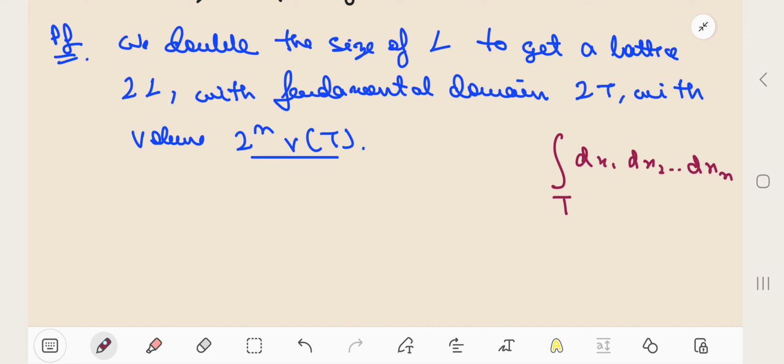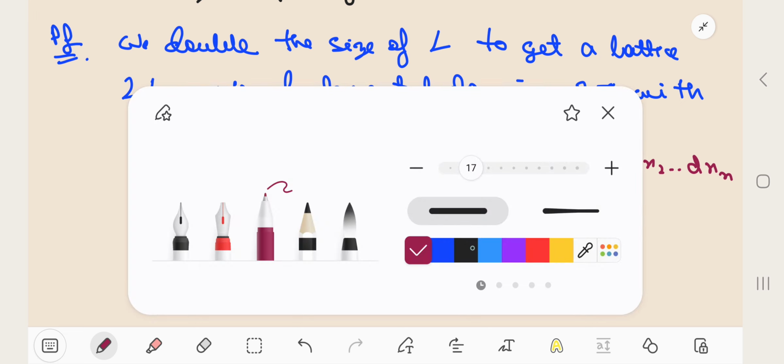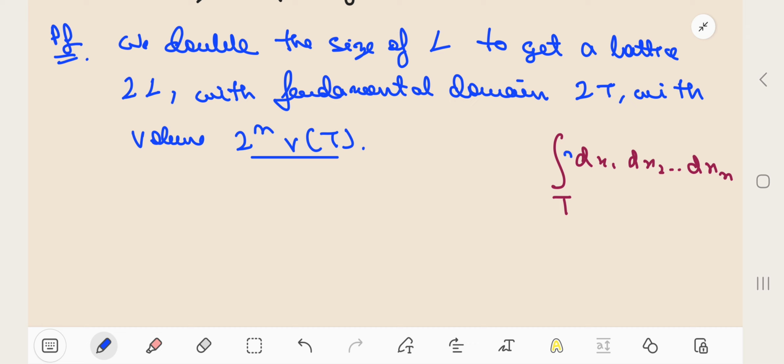So 2x1 will, in terms of differentials, become 2 times dx1, I will get 2 times dx2, and so on, and I get 2 times dxn. So I will have n number of 2's multiplied together. If I just bring them out, I will get 2 to the power n here, and this part is nothing but the volume of T as usual. Okay, so this is the idea behind it.